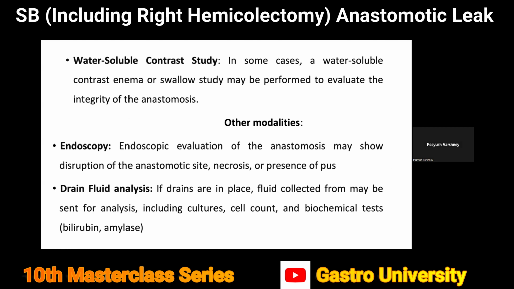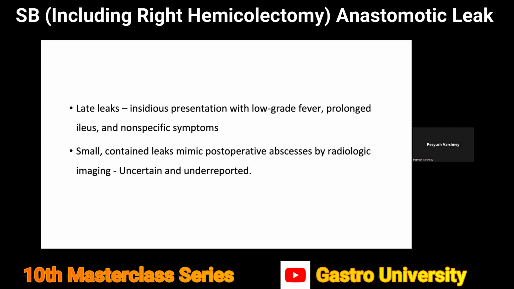Drain fluid analysis can also be done if we suspect an anastomotic leak which is not obviously frank. Late leaks have an insidious presentation with low-grade fever, prolonged ileus, and non-specific symptoms. Small contained leaks may mimic a post-operative abscess, and they are usually underreported and not counted as anastomotic leaks because of their varied presentation.